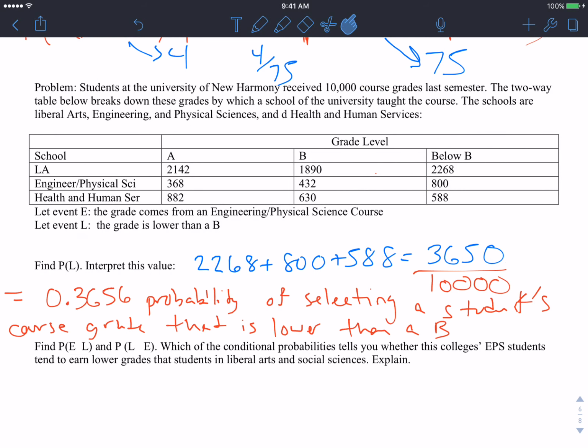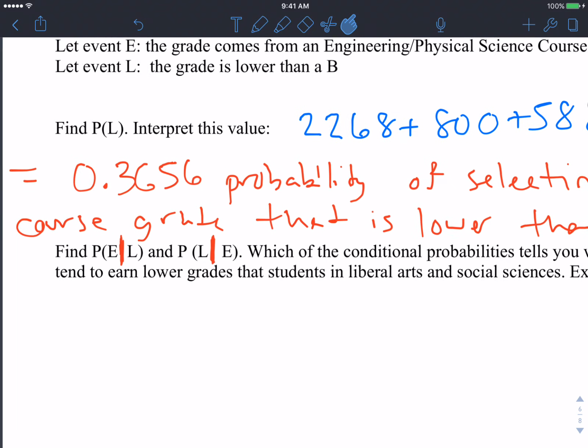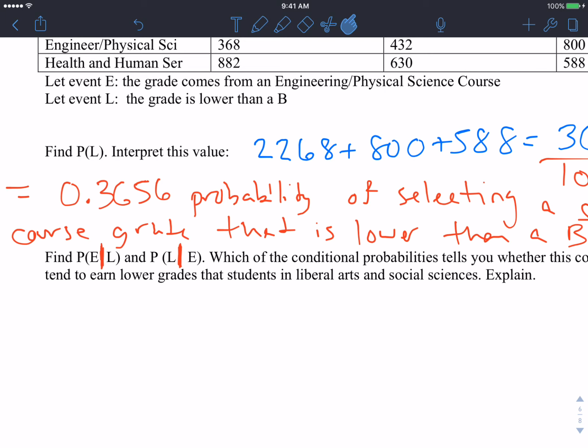And then the next problem says find the probability of E given L and the probability of L given that E has already occurred. And they want to know which one of these tends to earn lower grades than the students in liberal arts and social sciences. So let's first take a look at the probability of E given L has already occurred.